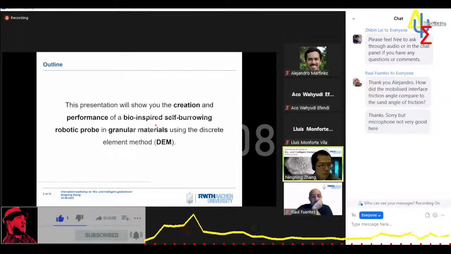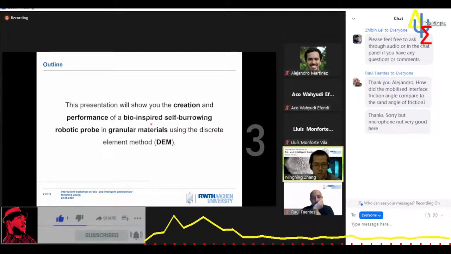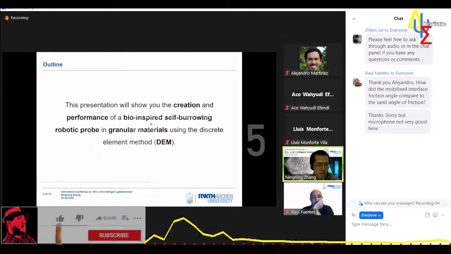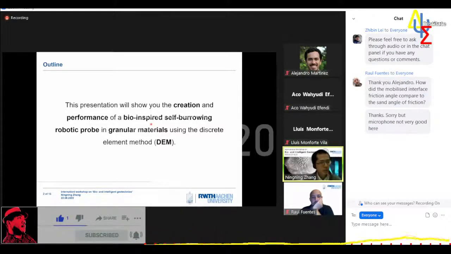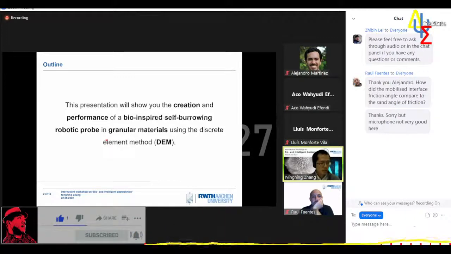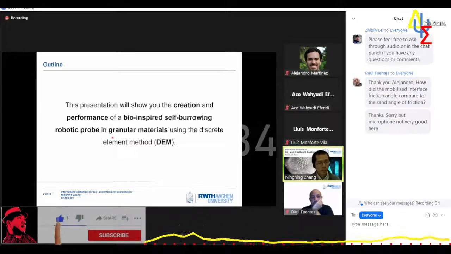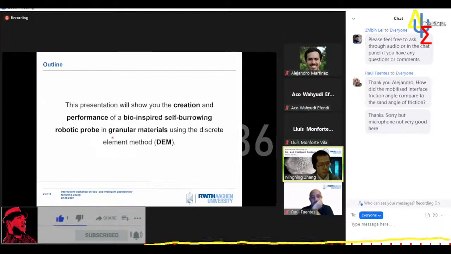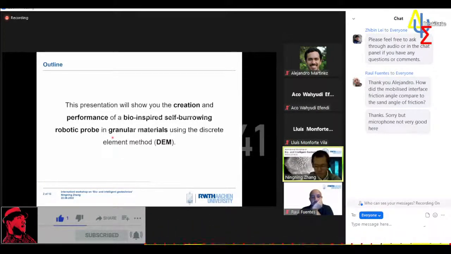A self-boring probe means that the probe can go into the soil by itself without any connections with external resources. Also, you will see how the granular material, which is sand in this case, is simulated using the discrete element method. And in the end, you will see the performance of the self-boring probe and also some engineering implications.